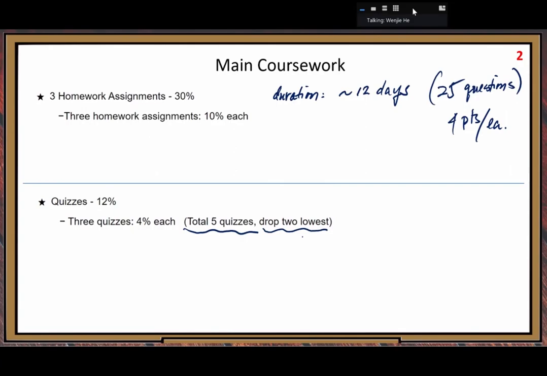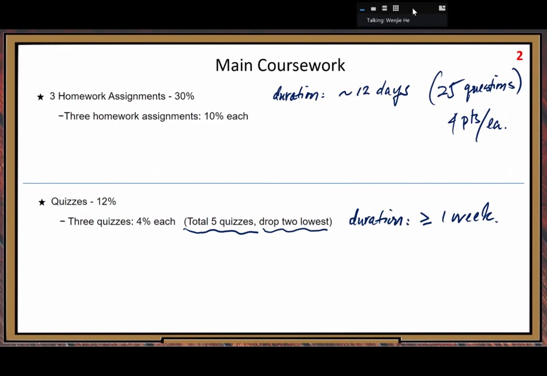So we will do all 5 online quizzes, and the duration of each online quiz is greater or equal to 1 week.